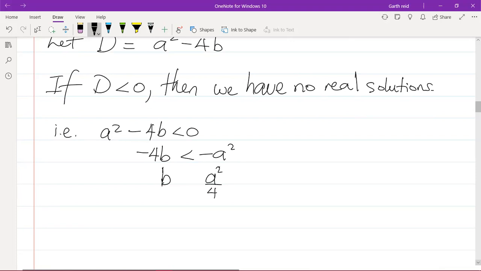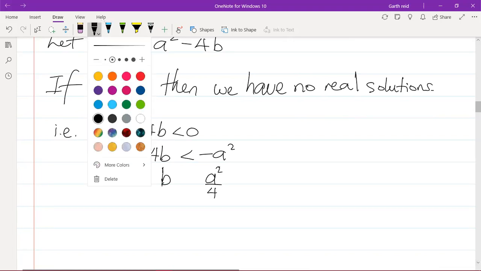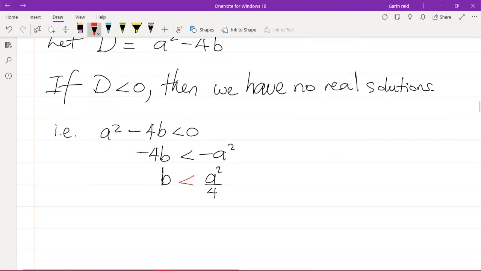Okay? Now, let me ask you a question. Are we going to put less than here as our inequality sign, or is it going to be greater than? What do you think? Well, if you said greater than, then you are absolutely correct, because we have to change the sign of the inequality once we divide or multiply by a negative number.